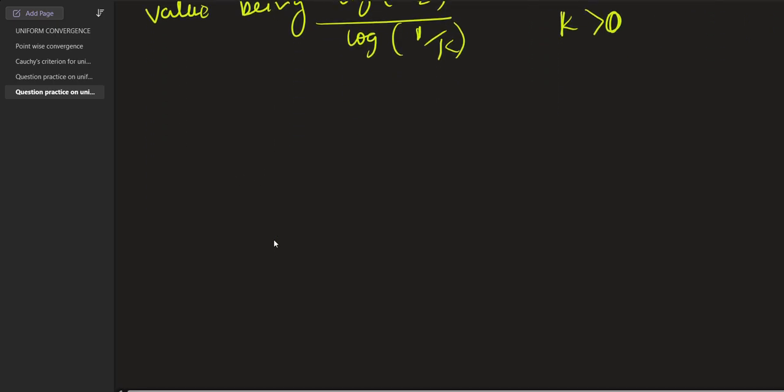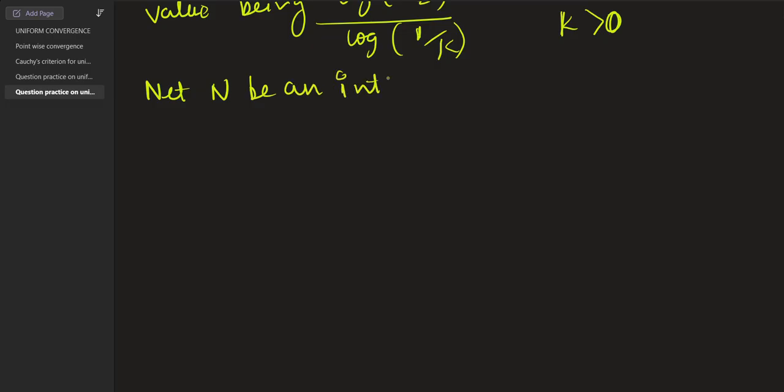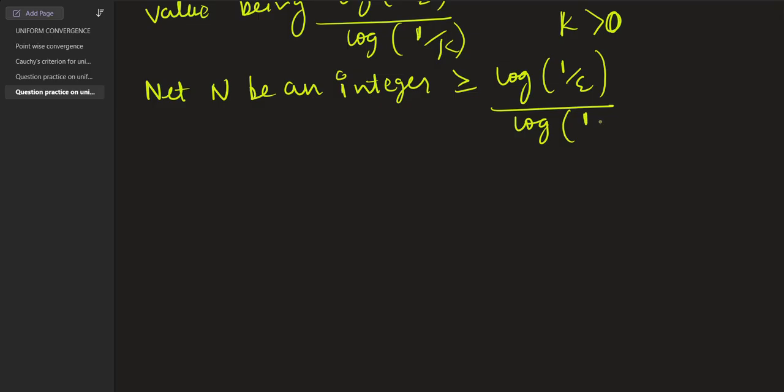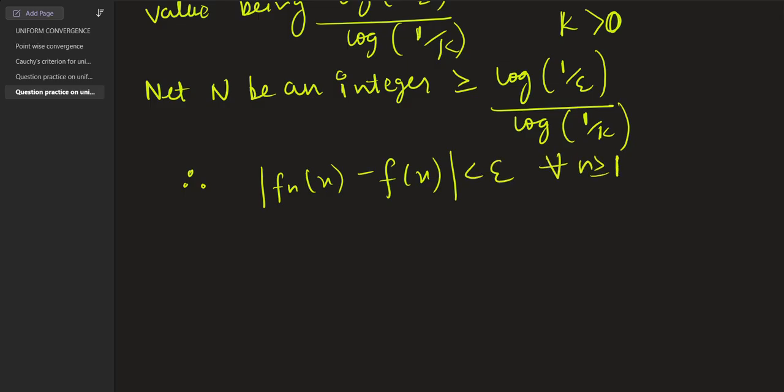Fine. Now let n be an integer greater than or equal to your maximum value. This is your important step. What is your maximum value? Log 1 by epsilon upon log 1 by k. Therefore |fn(x) minus f(x)| is less than epsilon for all n greater than N and x in [0, k].